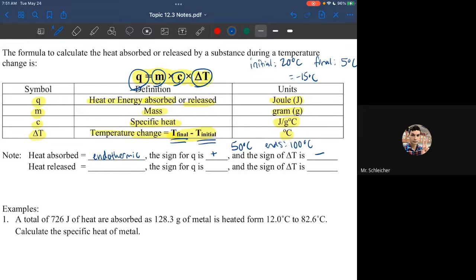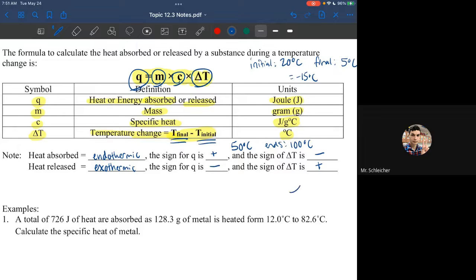When heat is released, we have something that's exothermic going on. The sign for Q should be negative, and the sign for delta T would be positive, because the final temperature that we measure will be warmer if energy is released into the surroundings.